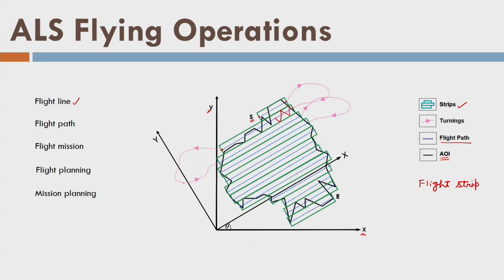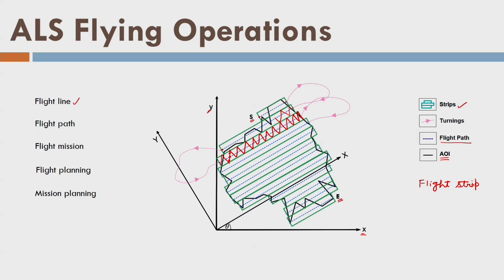Again it will come back to the next line, and again acquire the data like this in a zigzag pattern. Each line is indicating some data, and it will then exit from this point and repeat the whole process, and finally from point E the aircraft will exit and go to the airstrip. So each and every line has some data like this, right?